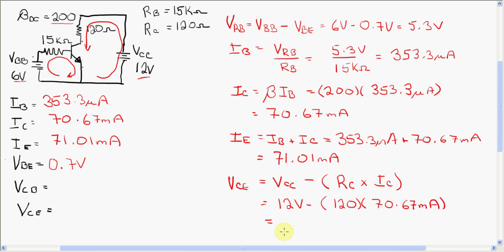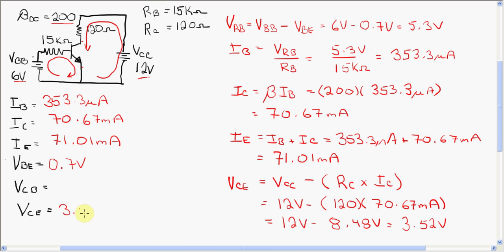That tells us VCE will be 12 minus 8.48, which gives us 3.52 volts.